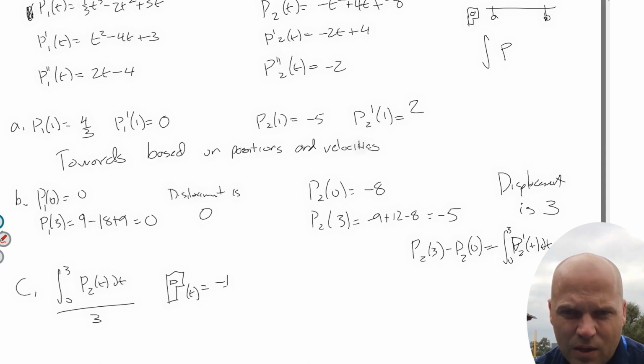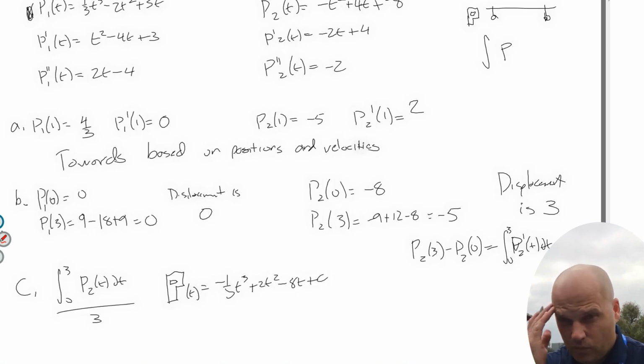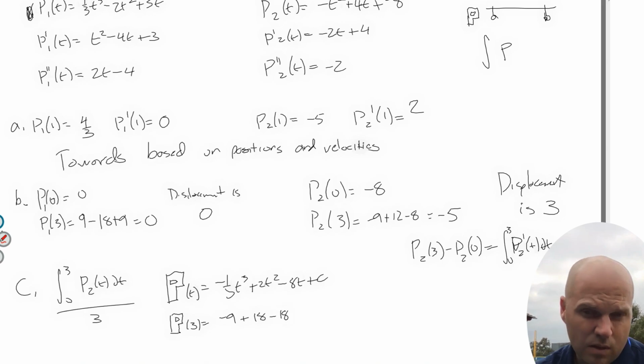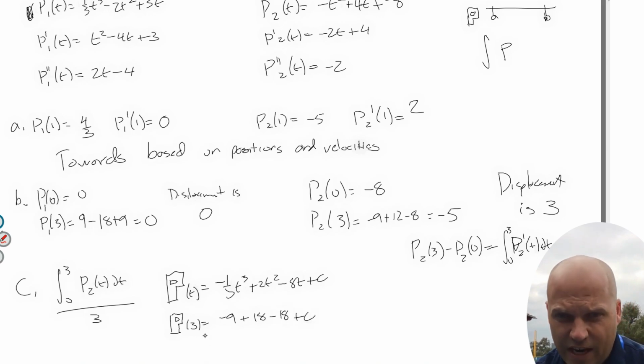Big P: negative 1/3 t cubed plus 2t squared minus 8t plus C. Great. I need big P of 3, which is negative 9.